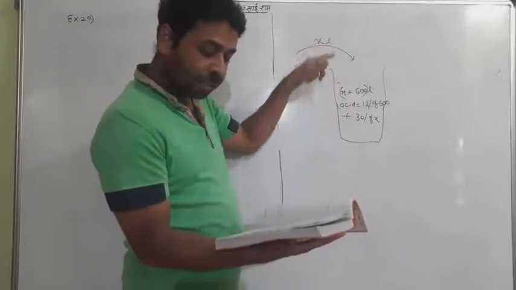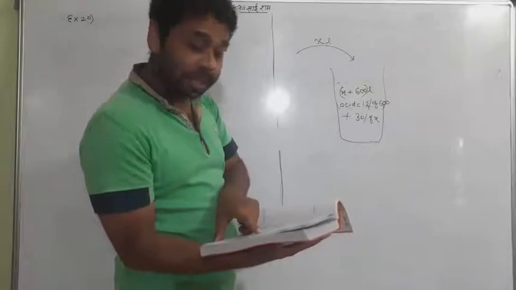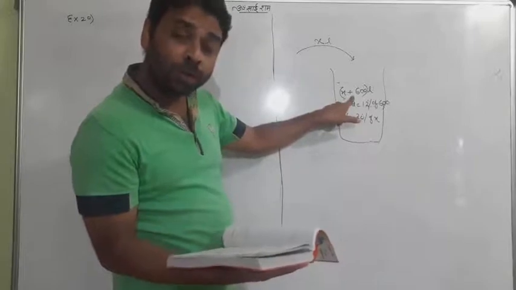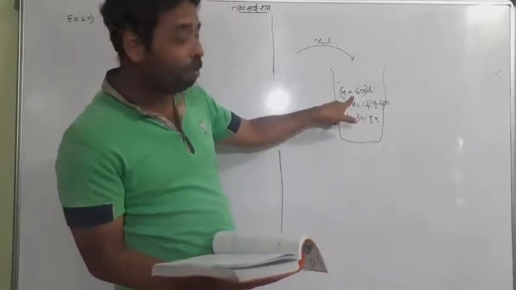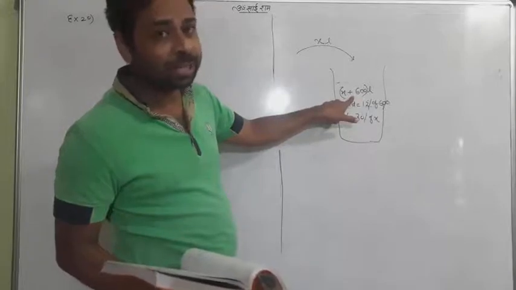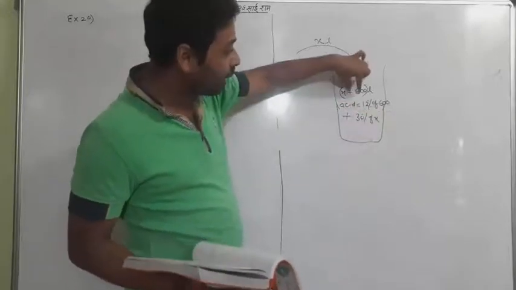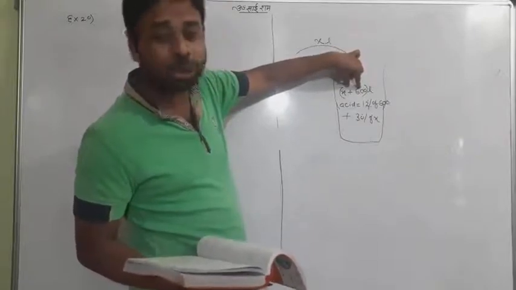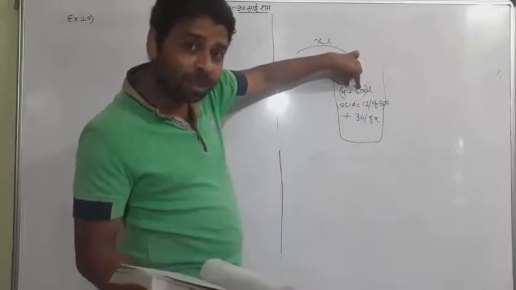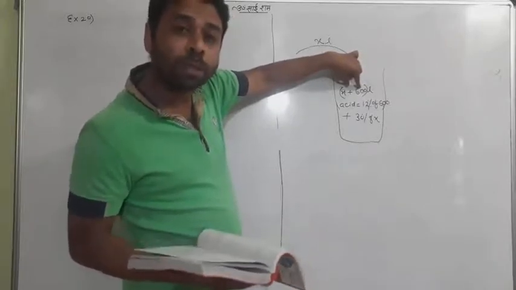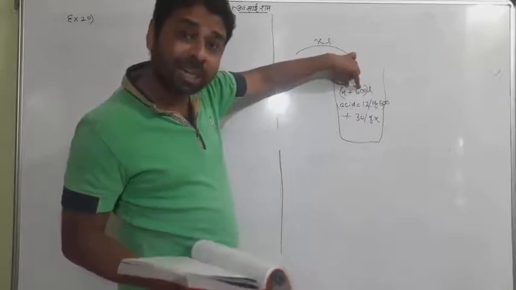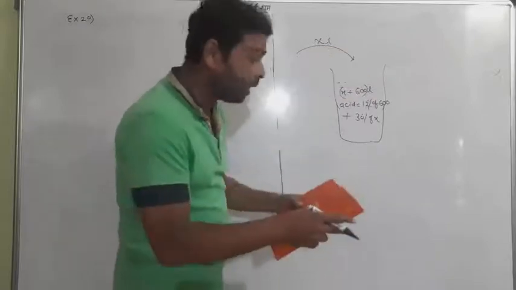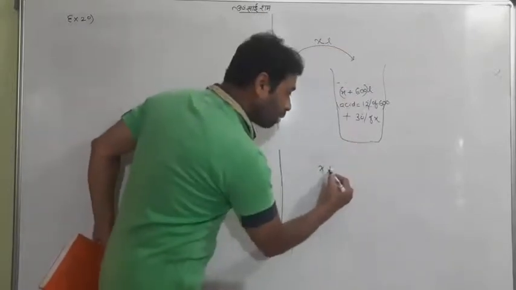We have considered X, so that the acid content in the resulting mixture X plus 600 will be more than 15% and less than 18%. Now the range of the acid content is given: the resulting mixture is between 15% and 18%. What is 15%? 15% is the acid content of the resulting mixture. And what is the resulting mixture? X plus 600.